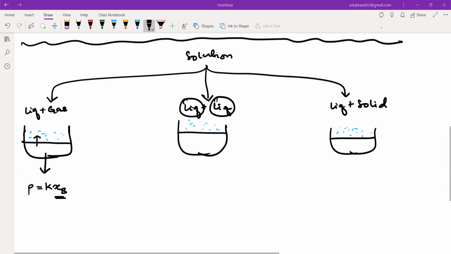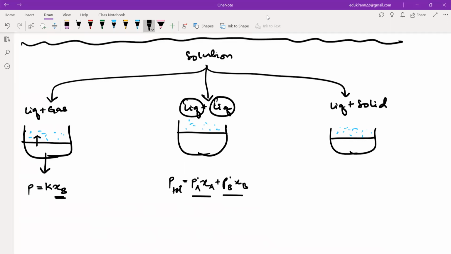yes or no? They will have equal tendency to escape, correct है? Yes, sir. Right? And that is why here we have the Raoult's law, which says that P total will be equal to P naught A chi A plus P naught B chi B. And this we can easily say that it is dependent on both of the liquids.